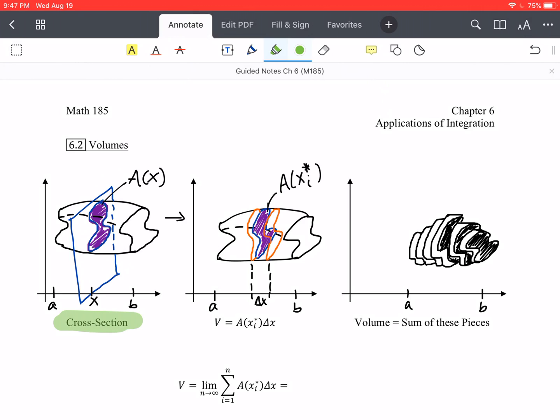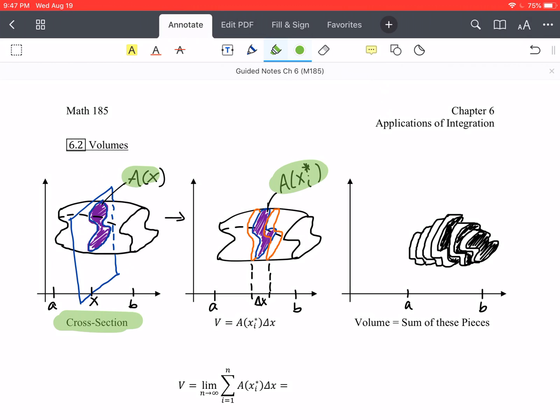Now, we can use that slice to then extrapolate a volume. So here we have A of x represents the area of this region. So A of x sub i star, that's just kind of fancy notation indicating that we're taking one of the slices at random, and we're using that slice as our starting point.